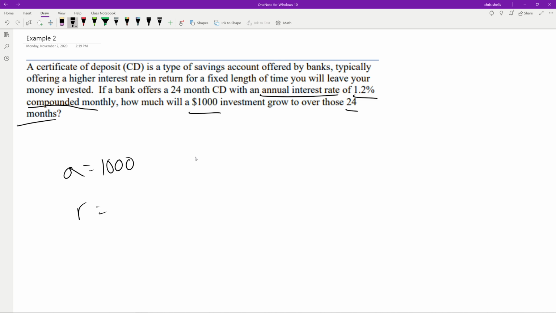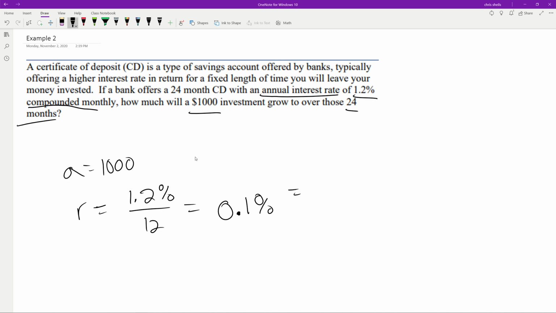Because of that, I want to find a monthly interest rate here. So my monthly interest rate is going to be 1.2% divided by 12, which is 0.1%. This is the rate of interest that this earns every month.